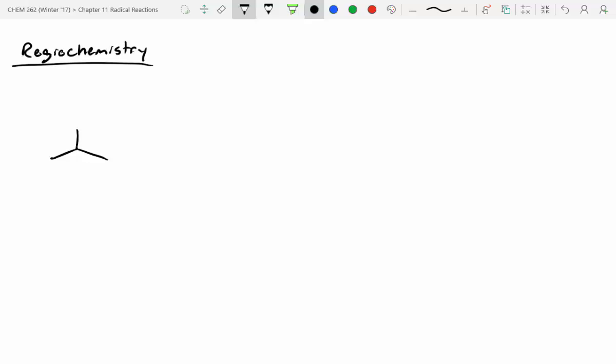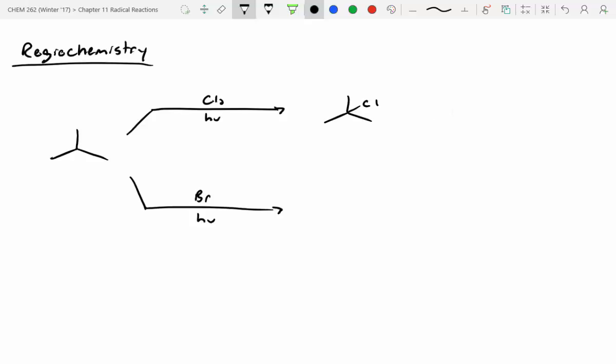We've got 2-methylpentane, and we're going to react this with chlorine under UV conditions, and then react this with bromine under UV conditions. We know that the proton coming off that central carbon is going to be the most reactive. So with chlorination, the main product we'll see is chlorine coming off there. However, we also observe a little bit where chlorine actually comes off that other side.